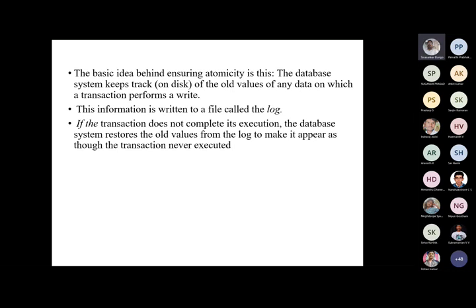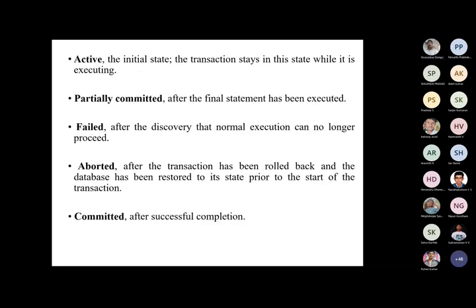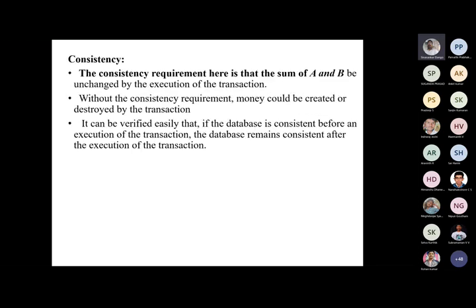However, if the transaction executes successfully, we are going to use the new values present in the log file. Right, so this is about how ACID properties are met by a transaction, right?